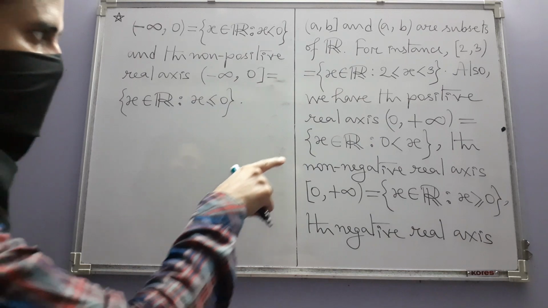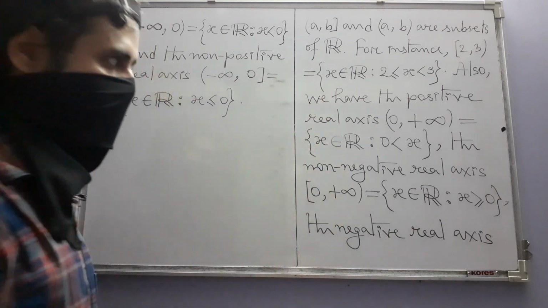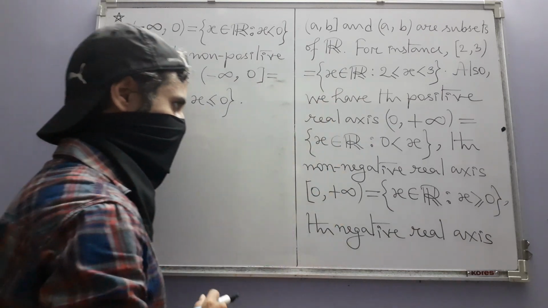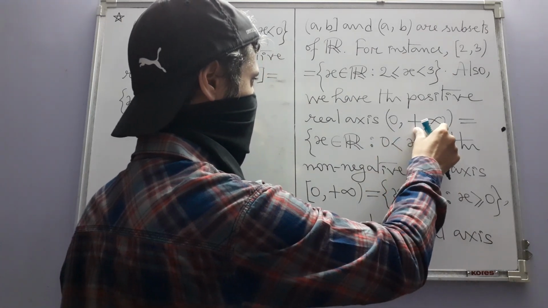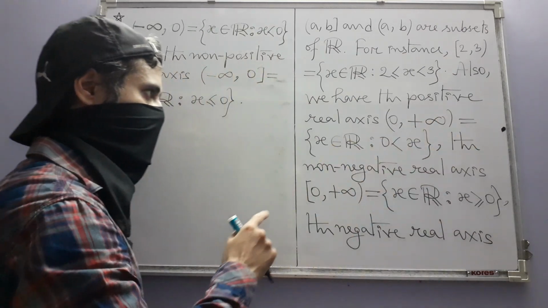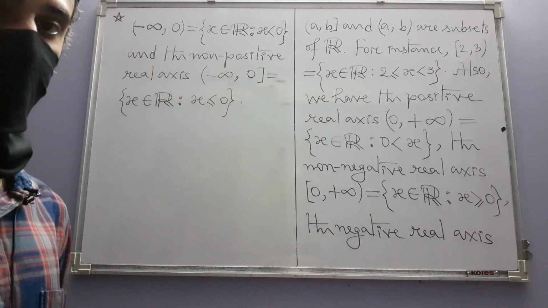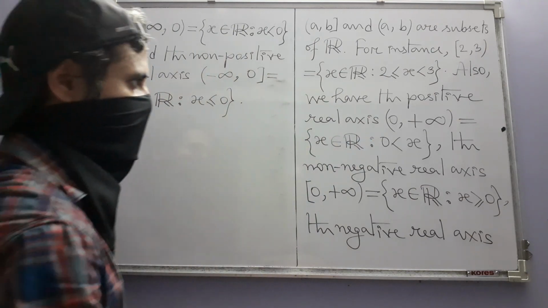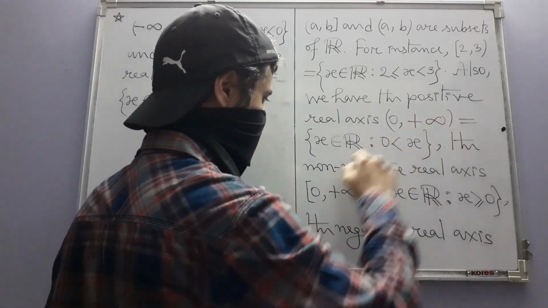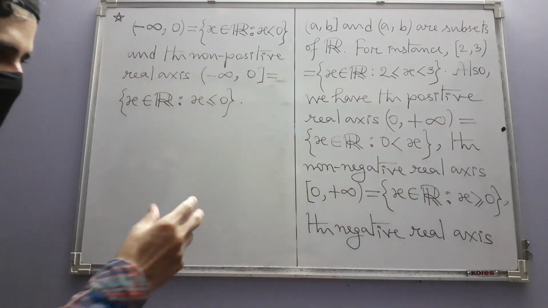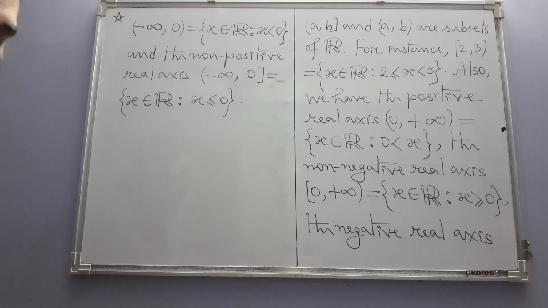Note carefully that in all of these four axes that we have written here, nowhere do we have a square bracket on the side of the infinite symbol. Here also we have a square bracket, but not on that side of the symbol that is not a real number.